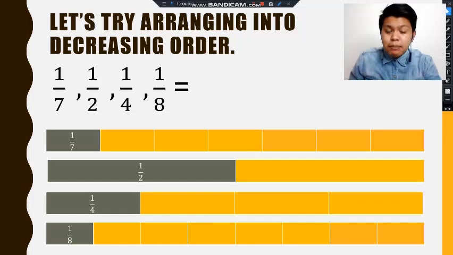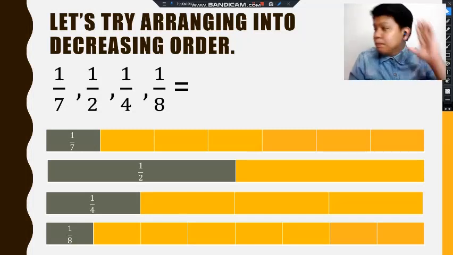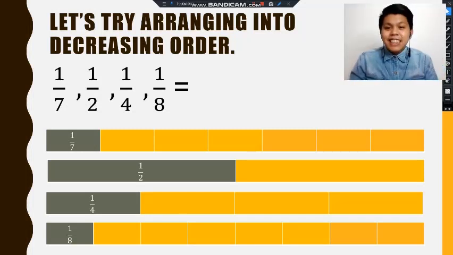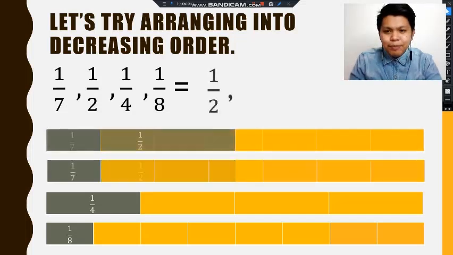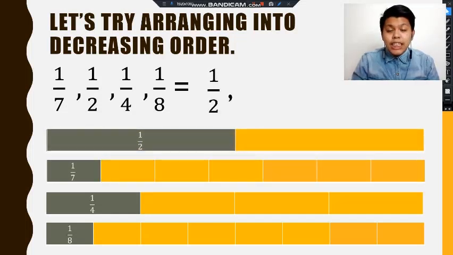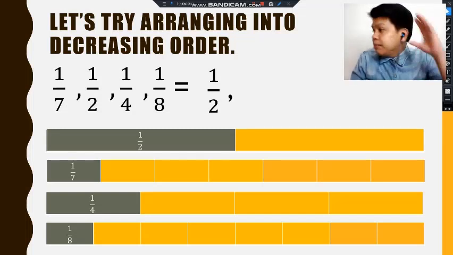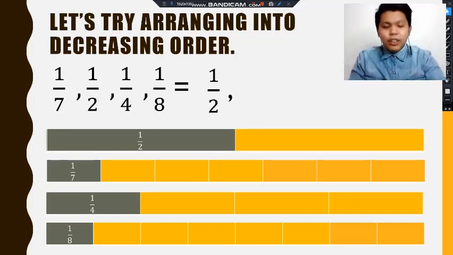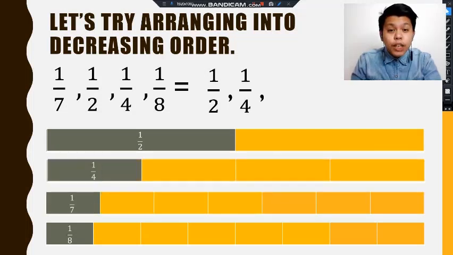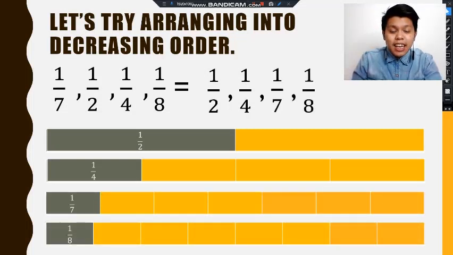So first, what's the biggest part that you can see? That is 1/2. Next, what is the next biggest next to 1/2? Correct. That is 1/4. Then next is 1/7 and 1/8.